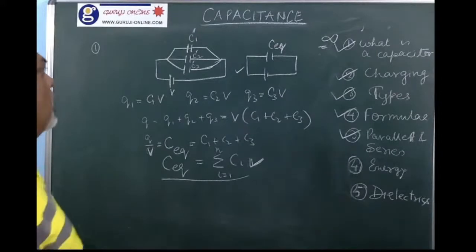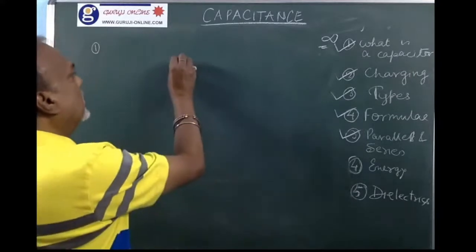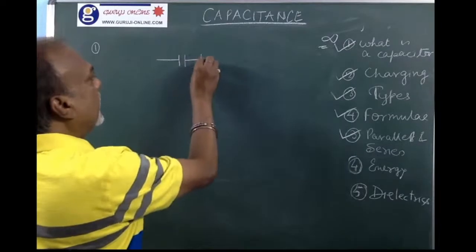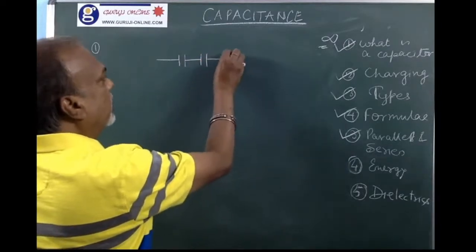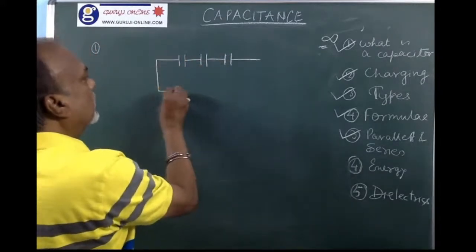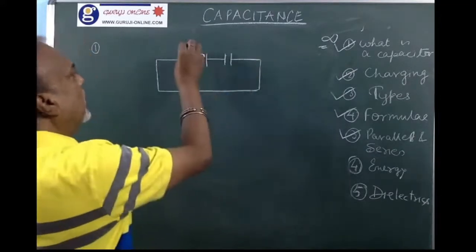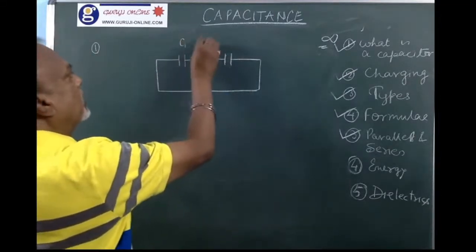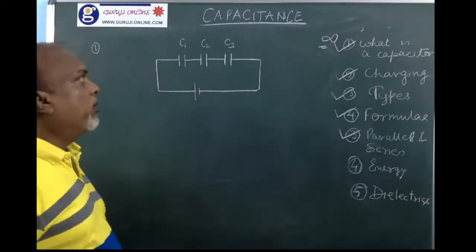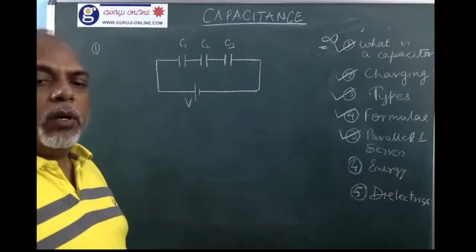Now let us see if they are connected in series. Let us connect the capacitors in series. Capacitors are denoted by this sign, like this. Now, this is how they are connected in series. Here C1, C2, C3 capacitance are there, and here V. So in this case, what will happen?